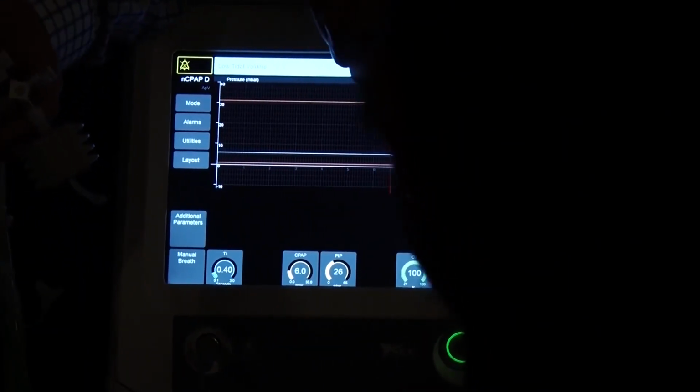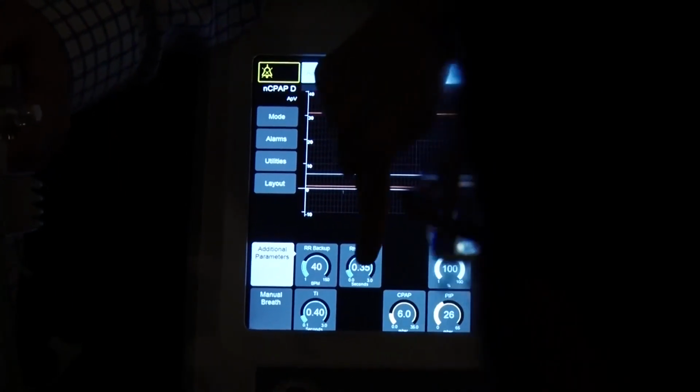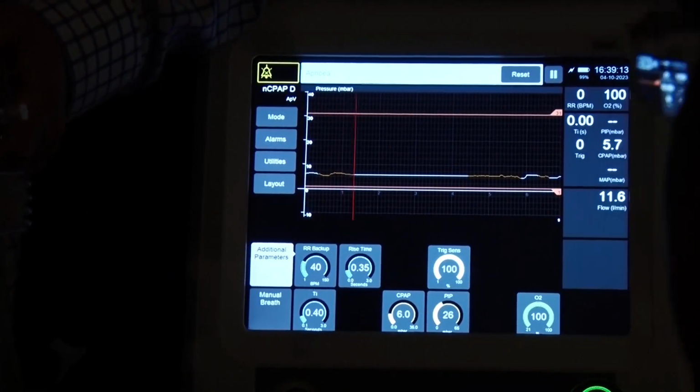If your ventilator is delivering the CPAP and you turn this one on, the ventilator will push some stimulation breaths, and the PIP is for your stimulation breath.